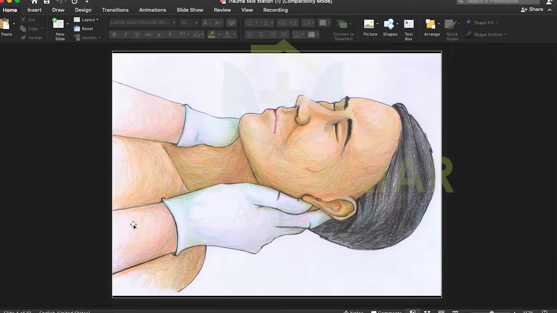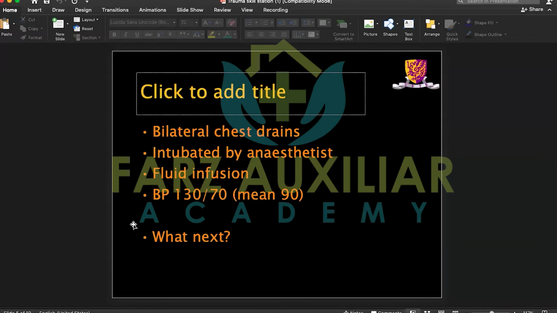The chin lift and neck tilt are not recommended in case of cervical spine injury. As per the protocol, this patient was intubated with the cervical spine protocol, keeping the cervical spine in the neutral position, intubating in the neutral position, with manual in-line stabilization of the neck and rapid sequence intubation. After intubation, this patient was put on a ventilator.